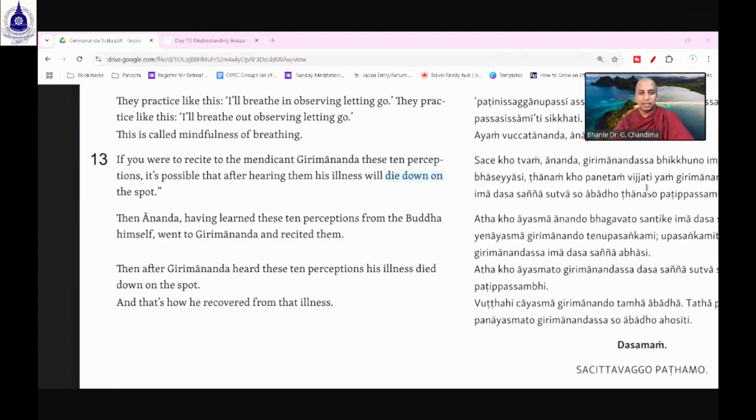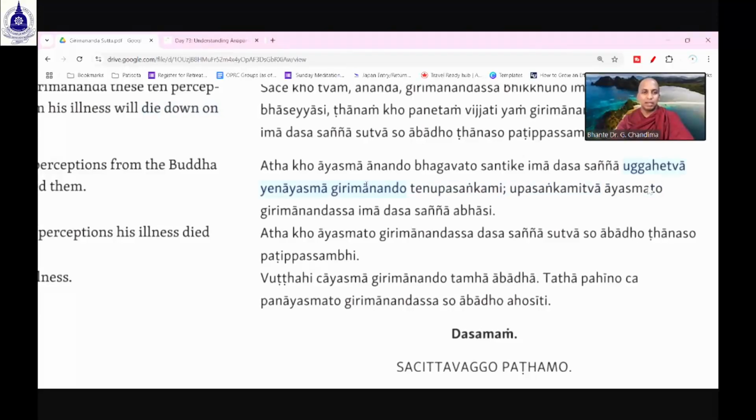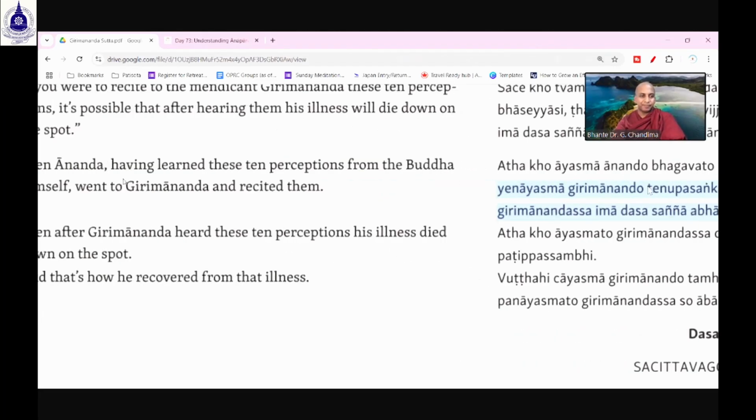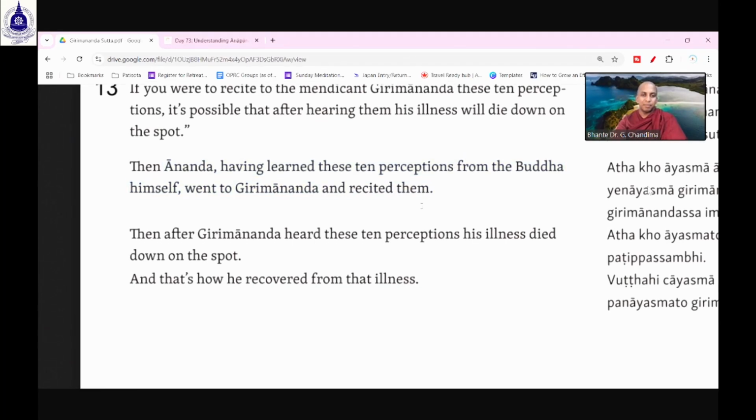Atako ayasma anando bhagavatu santike imadasa sanya uggahitva yenayasma girimanando ten pasankamitva ayasmato girimanandasa ima dasanya abhasa. Then Venerable Ananda, having learned these 10 perceptions from the Buddha himself, went to Girimananda and recited them.